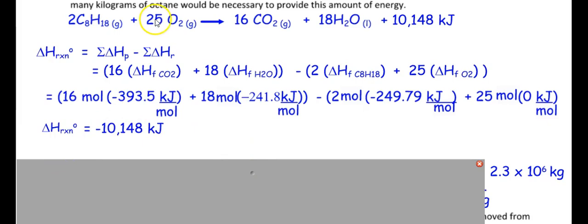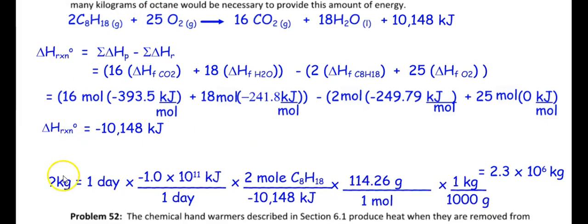So does that help you factor label? I hope so, because what can you do now? How many kilograms? I assumed it was per day. Okay, it didn't say so, but that was my assumption. So in one day, they give off negative a lot of kilojoules of energy. And then I put kilojoules on the bottom, that negative 10,148 for every what? 2 moles. This is your stoichiometry again.